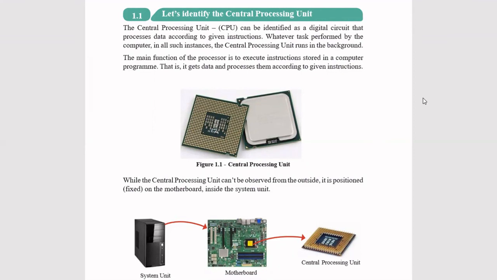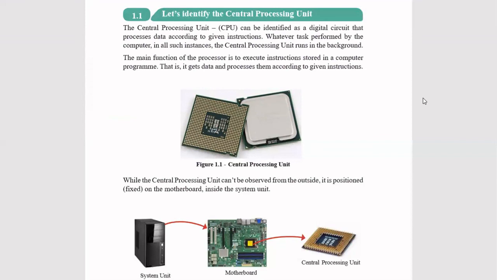What the computer basically does is, there is data, so the computer will process the data and create the information, right? We have learned this in grade 6 also. So basically the CPU is the one taking the leadership in this, right? Whatever task is performed by the computer, in all instances, the central processing unit runs in the background.